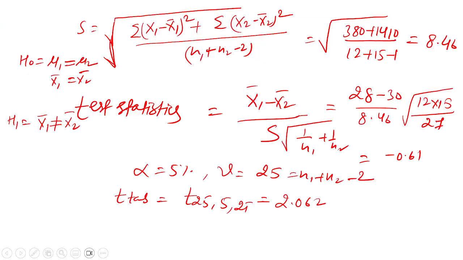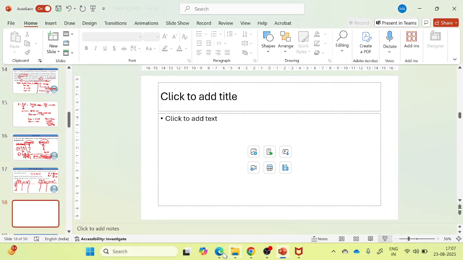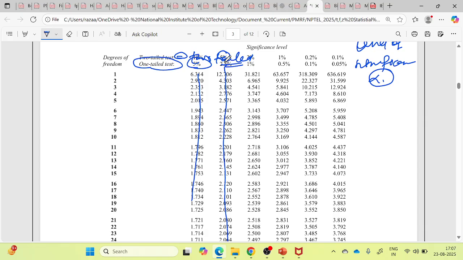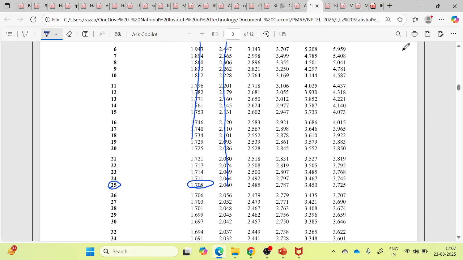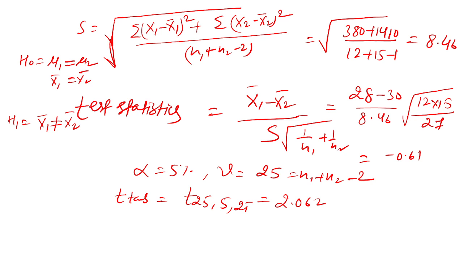We had 25 with 5%, so it becomes 2.060. So what we got is that T calculated is less than T tabulated, which means do not reject the null hypothesis.